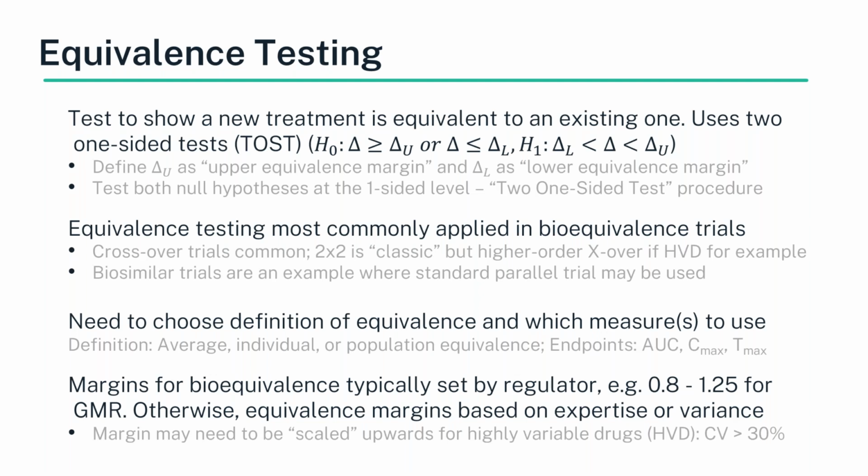The equivalence hypothesis statement is such that we'll fail to reject the null if the difference in treatment is less than the lower equivalence margin or greater than the upper equivalence margin. And then we could accept the alternative hypothesis of equivalence if the difference lies between these bounds.